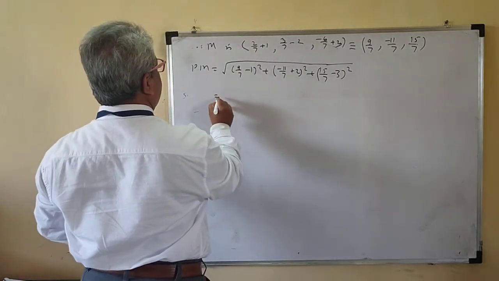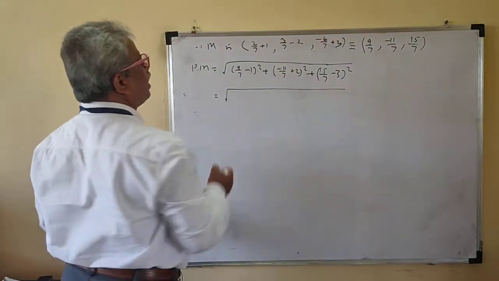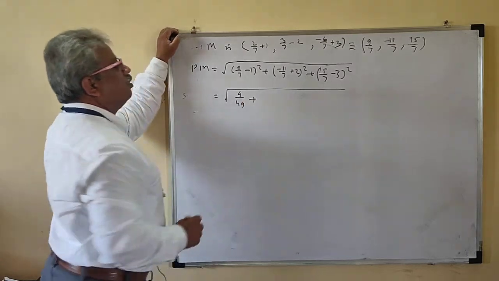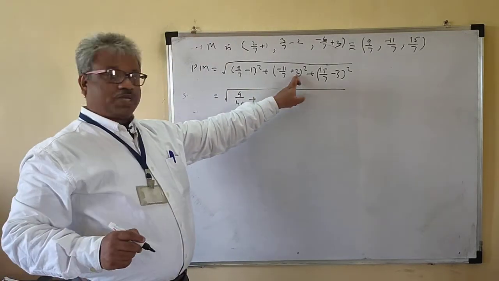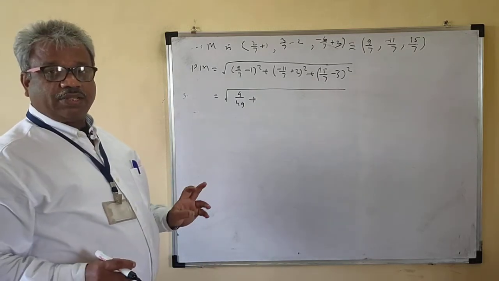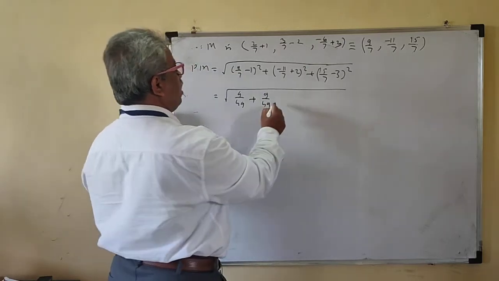Okay. So this is equal to what? The root of, this is what? 9 minus 7, 2 by 7. So this is 4 by 49, plus this is what? 14 minus 11, 14 minus 11 is 3. So 9 by 49.